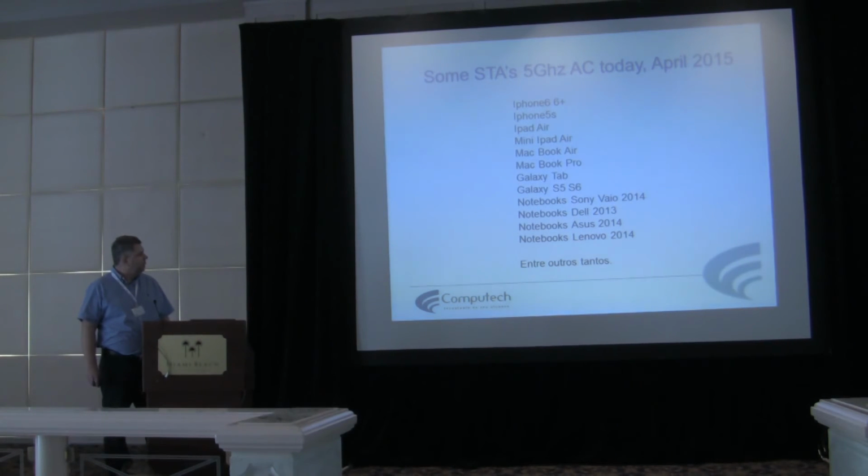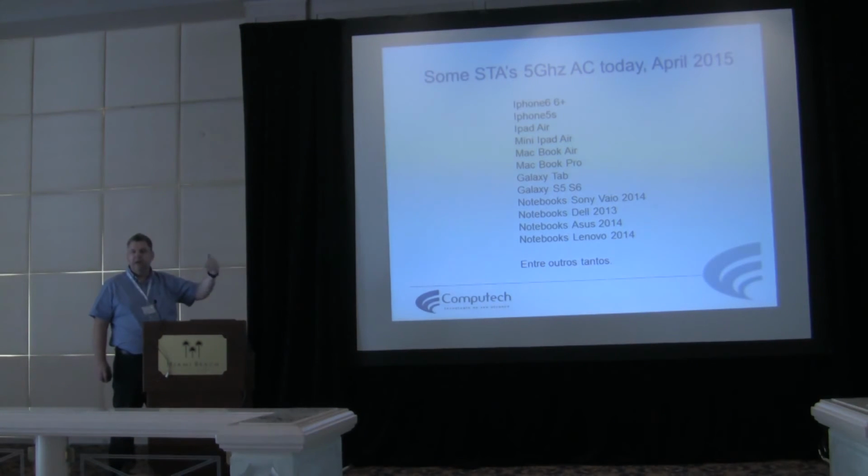From 2013 to today, all the devices, all the equipments have AC connection in their networks. So it's easy to project a 5 gigahertz indoor or a 5 gigahertz AC indoor network. It's being easier and easier each day.